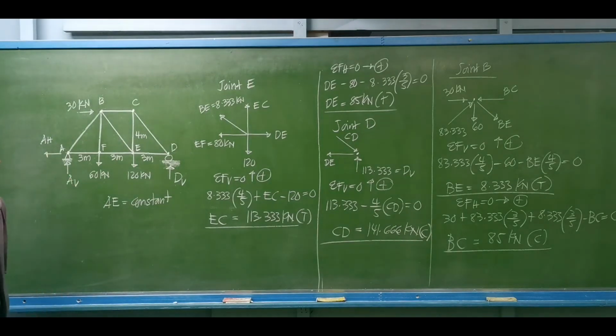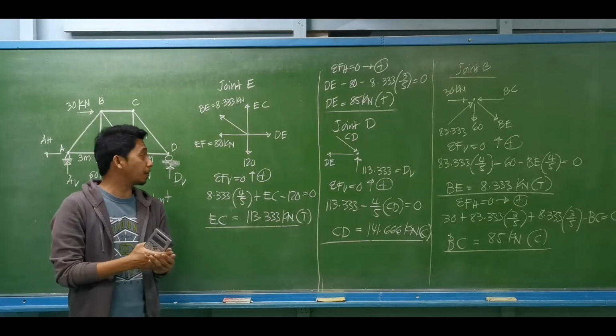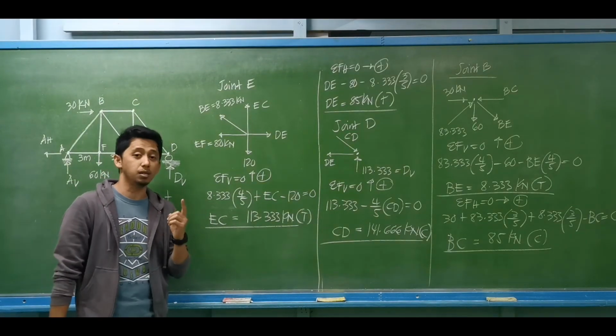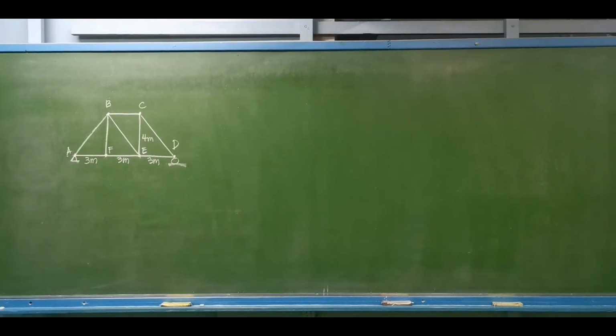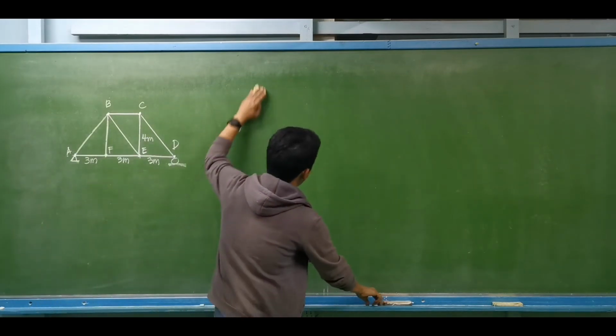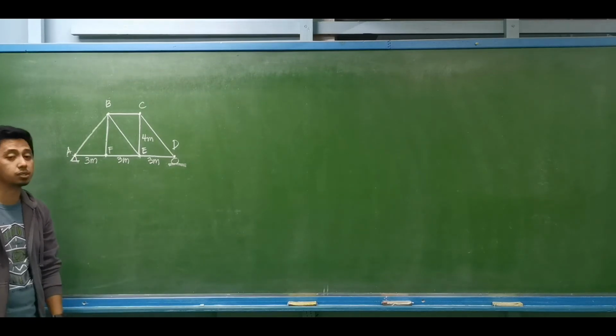So next, we are to compute the axial forces due to 1 unit load by replacing the redundant earlier. We replace it with a 1 unit load. So our next step is that we remove all the real loads acting on this truss.